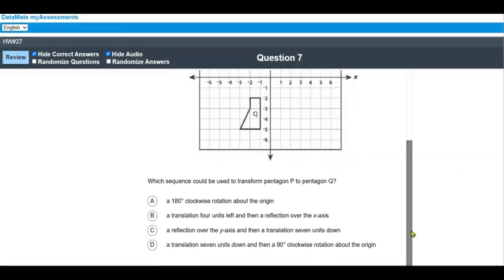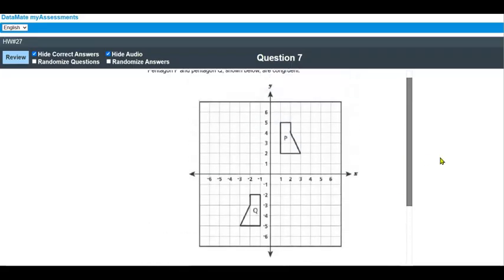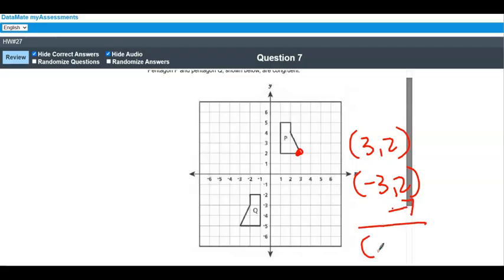Reflection over y, and a translation 7 units down. So let's find this point. A reflection over y would take this point to negative 3, 2, and then 7 units down would take the point to negative 3, negative 5. So negative 3, negative 5 would be here. That's a match. Let's try one more.